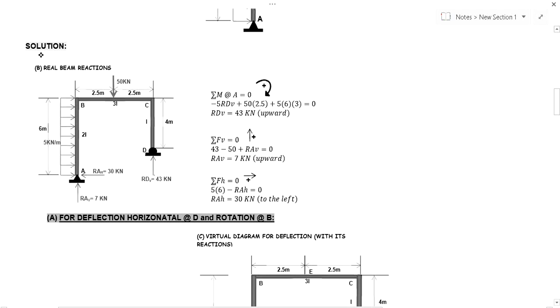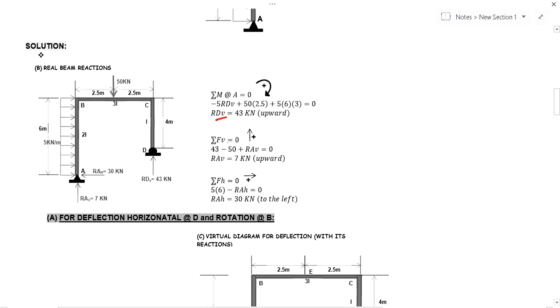Solving for the reaction, we take the summation of moments at A to find the vertical reaction at D. Taking our summation moment at A, RDV is equal to 43.